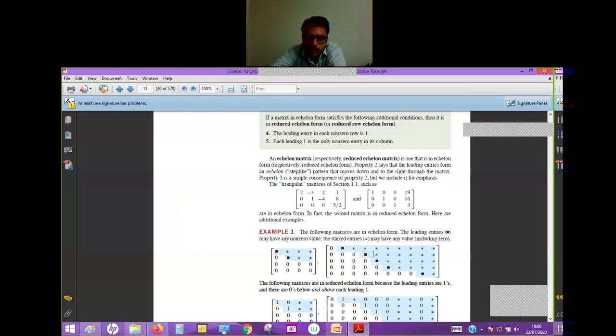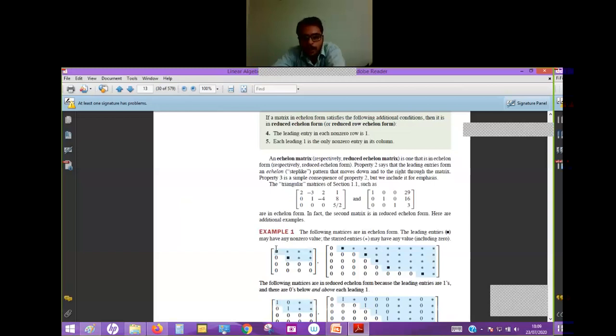Are you getting this? And please remember, the starting element is always 0 except in the first row. So that's why I said I want to make it 1 here. Forget about that 1 right now, but I don't want to make it 0. That's why I exchanged row 1 and row 3 in the example we are seeing now.